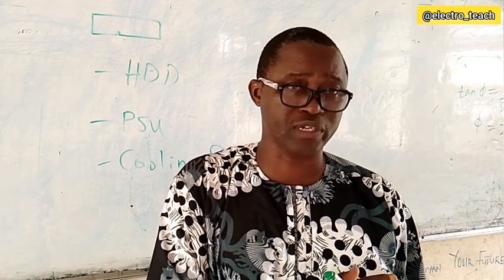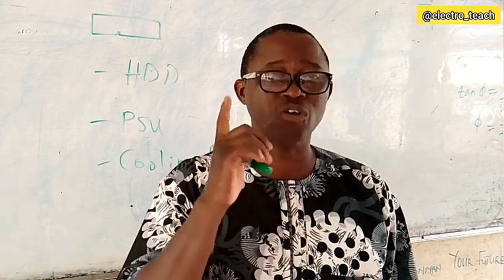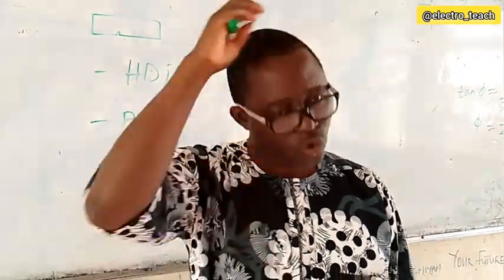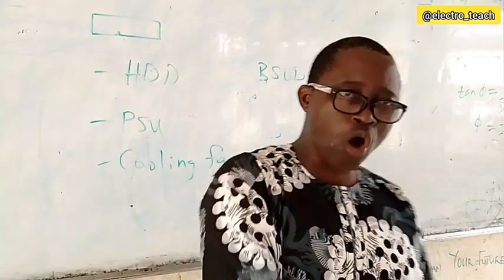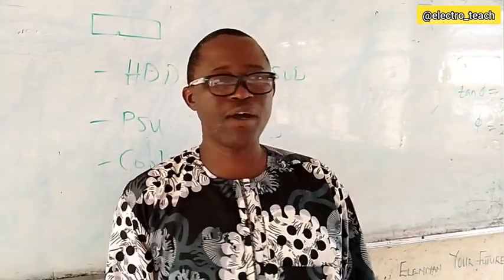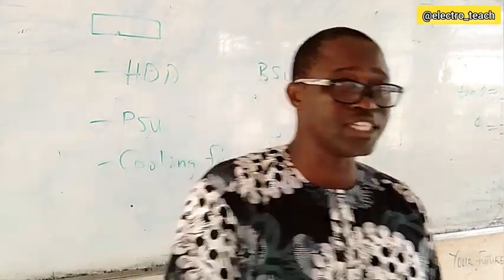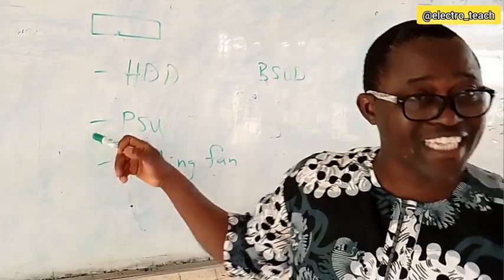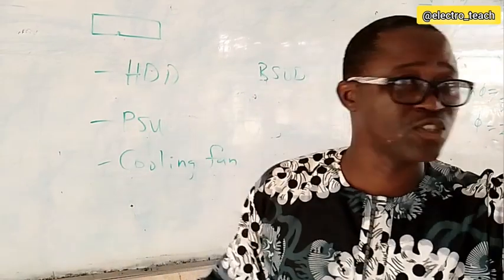Those are the two culprits that can make your system go off suddenly. The cooling fan on the CPU and the one in the power supply unit itself. The cooling fan there may be the one that is faulty, making the power supply unit go off when it's overheating.